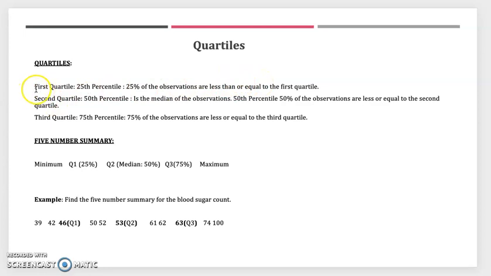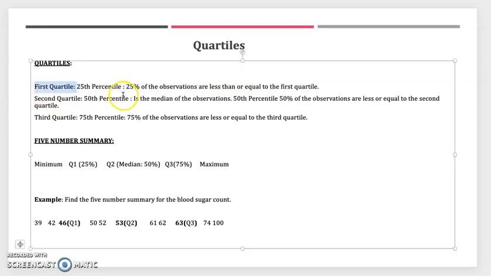So the first quartile is 25%, the second quartile is 50%, the third quartile is 75%. Of course, you need to arrange all the values from low to high, then see how many numbers you have in total. Then we find the 25%, 50%, and 75%.